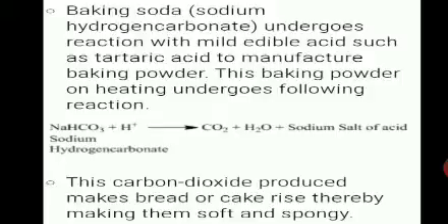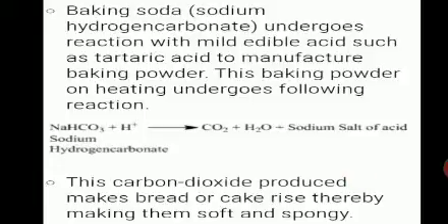For making appam and all, we are adding baking powder in order to make the dough soft and spongy. This carbon dioxide produced makes bread or cake rise, thereby making them soft and spongy.